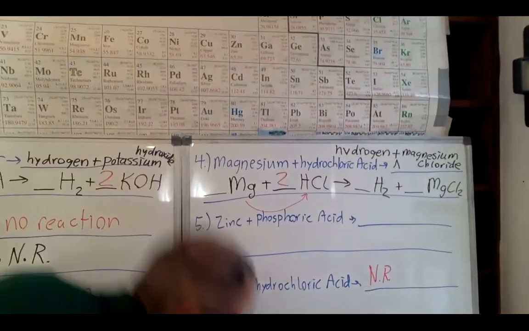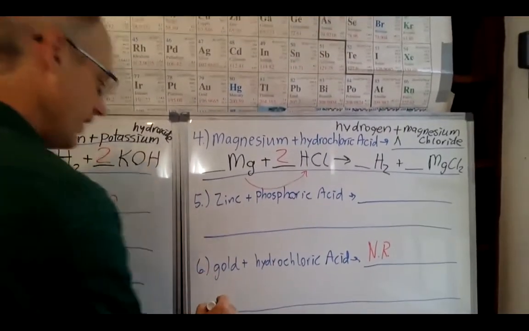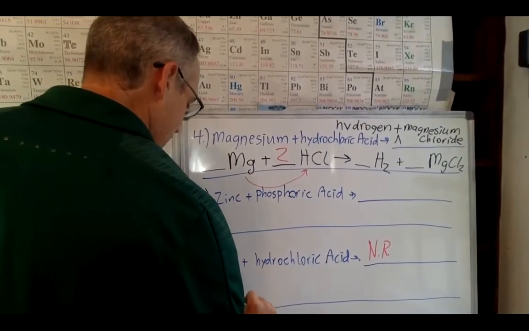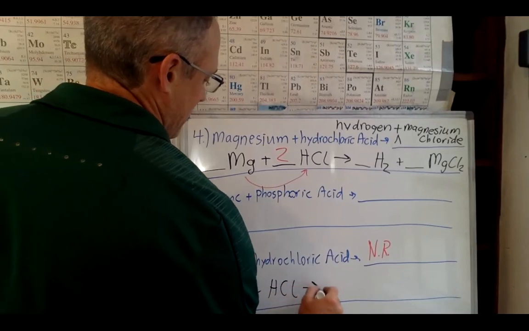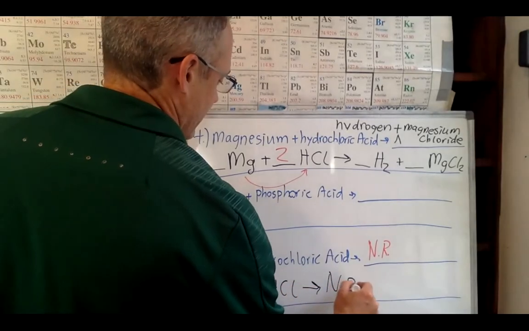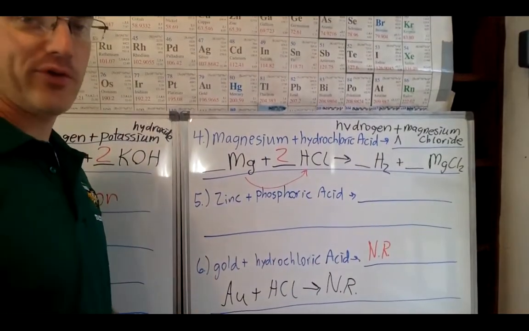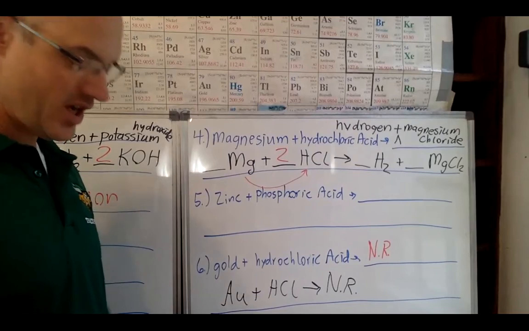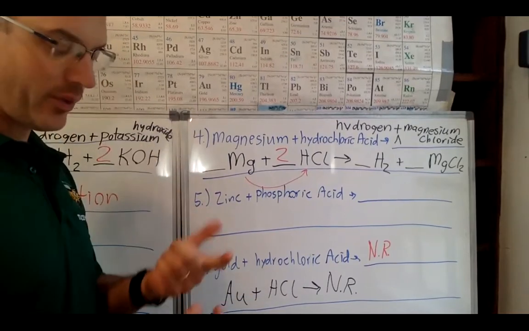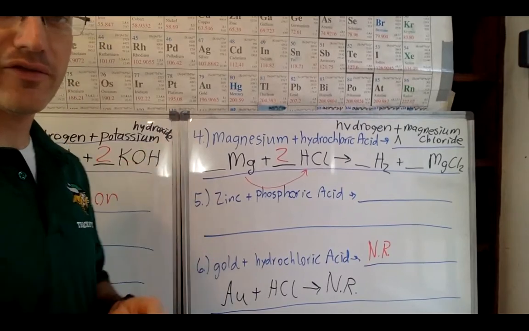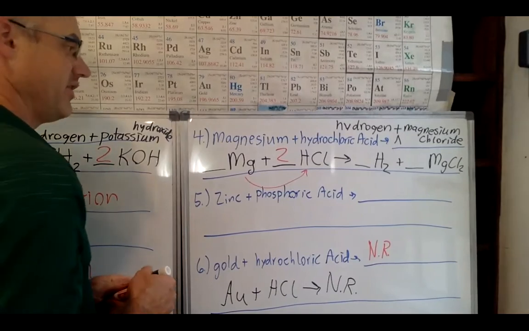Because gold, Au, and hydrochloric acid just don't do anything, okay? Which is why we like to make jewelry out of gold, because it's not reactive with pretty much anything. So it will stick around and it won't leave weird bands on your skin and stuff from exposure to the elements.